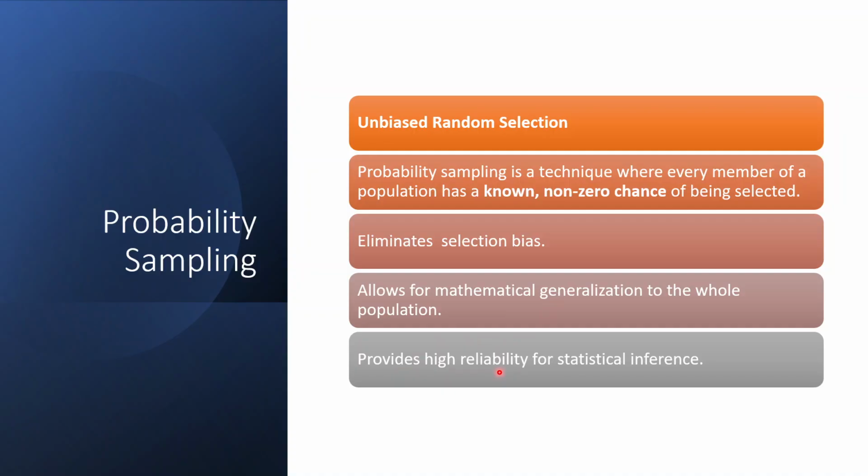It provides high reliability for statistical inference because it is unbiased. So the results or the inference that we derive from the statistical technique or testing will be more reliable because no bias will be present in the samples that we pick.